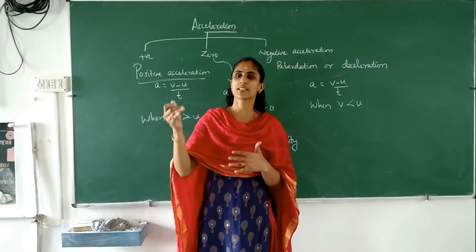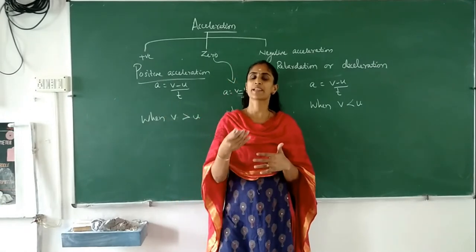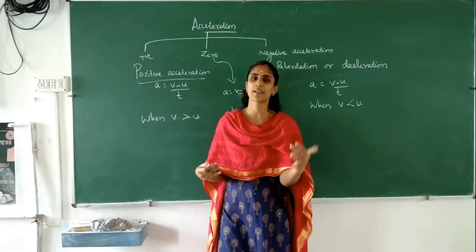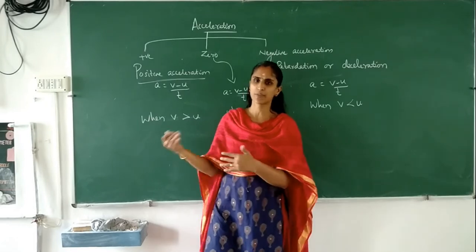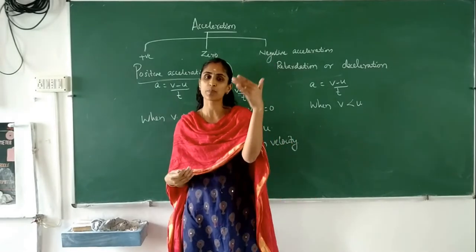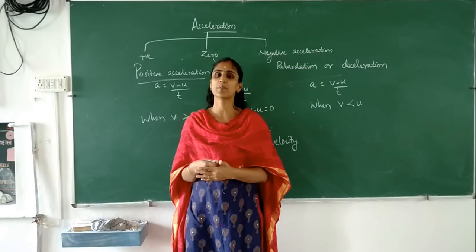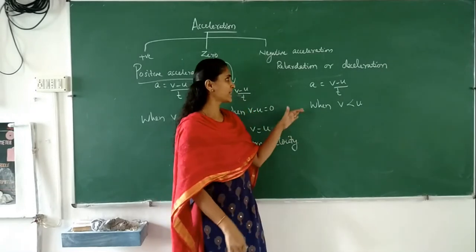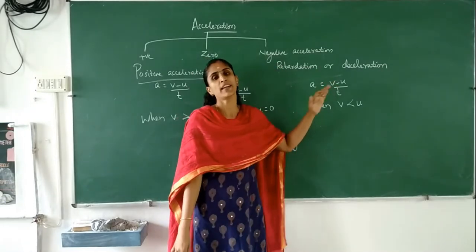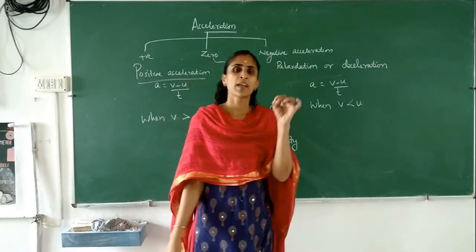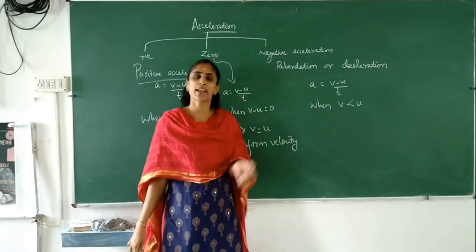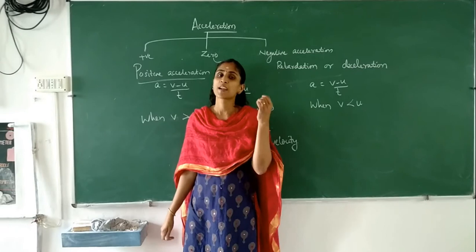As it approaches the station, its speed will be gradually decreased from 100 to 80 to 60, like that. So the velocity will be decreased. So in that case we can say it is having a retardation or a negative acceleration, or in other words we can say it is deceleration.